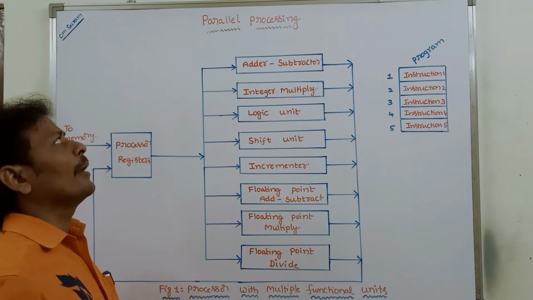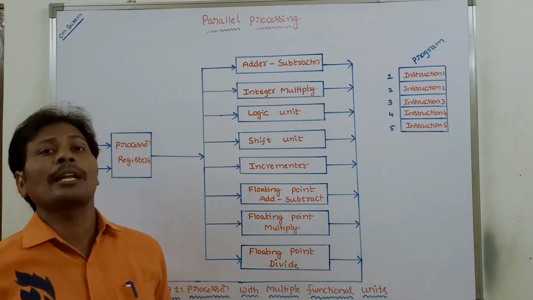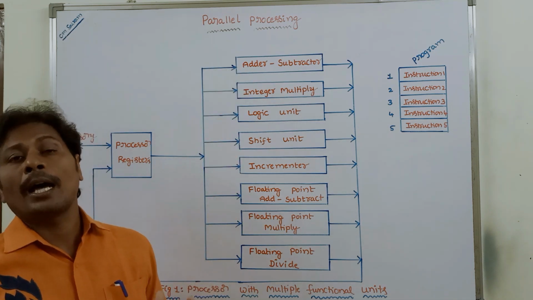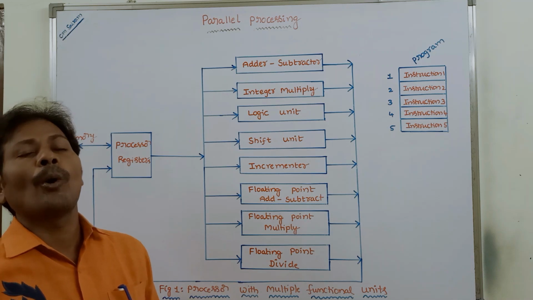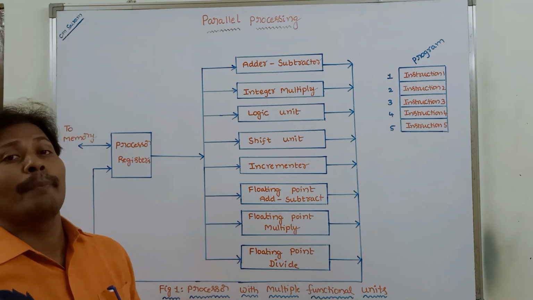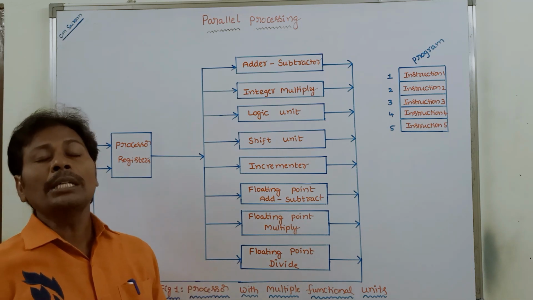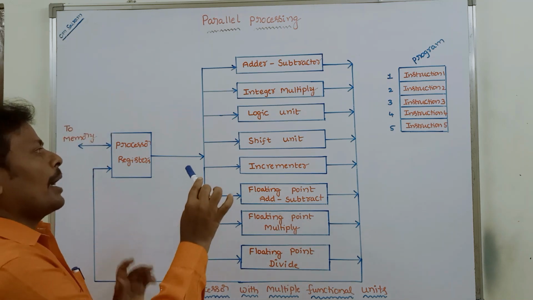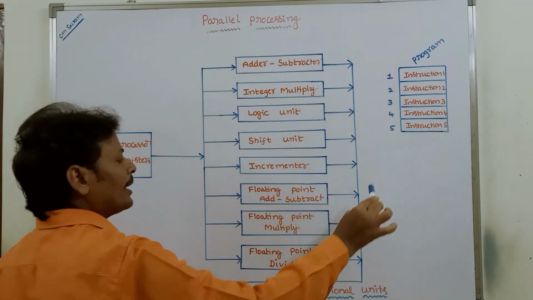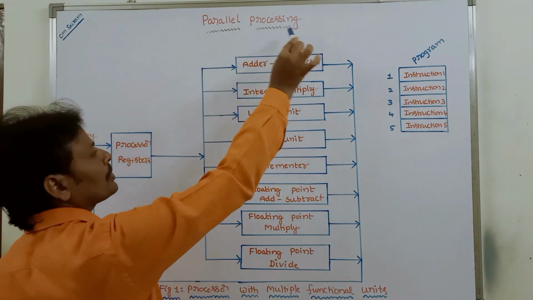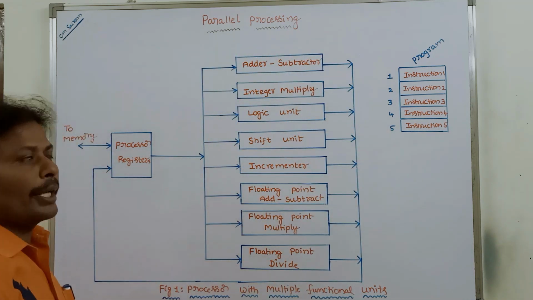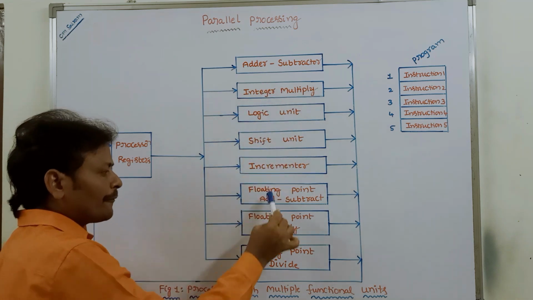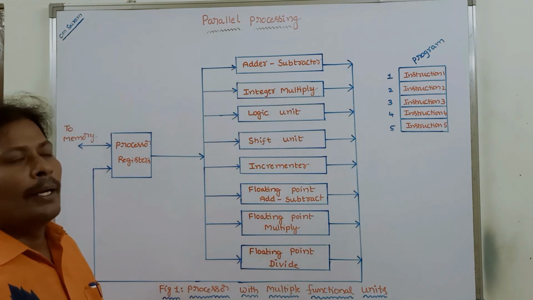One possible way for achieving parallel processing is that the execution unit or ALU can be divided into multiple functional units. So the ALU can be divided into 8 functional units. Okay, so these are the 8 functional units.